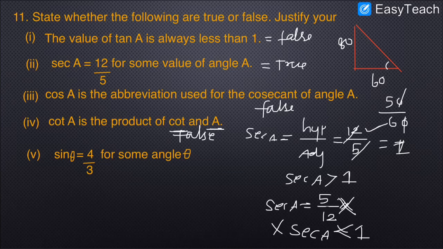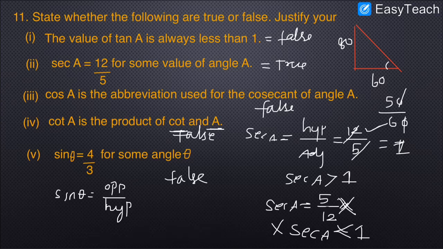The fifth question, sin theta equals 4 by 3 for some angle theta. This is also false. Sin theta is opposite by hypotenuse, right? Here the hypotenuse is less than the opposite side.